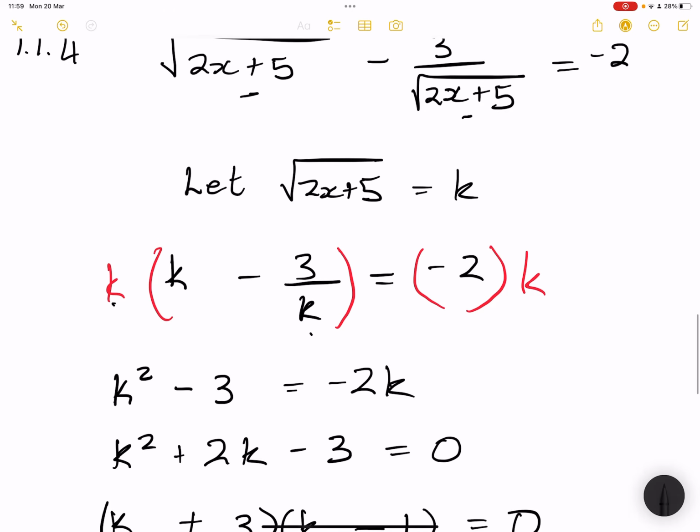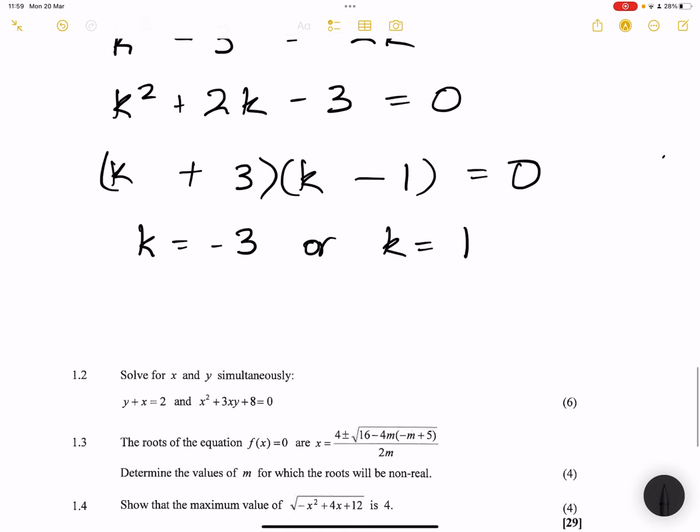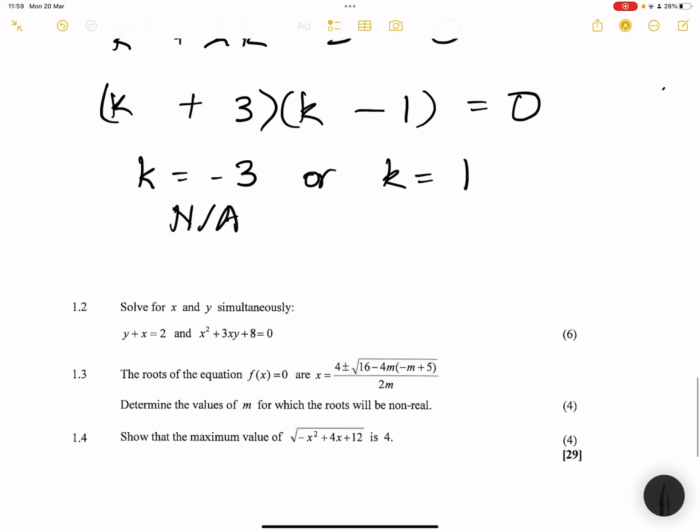Remember, what is k? It's that positive square root, right? So that positive square root cannot give us a negative value as an answer. So in this case, it means this value is not applicable, but definitely it means that 2x plus 5 would be equal to 1.